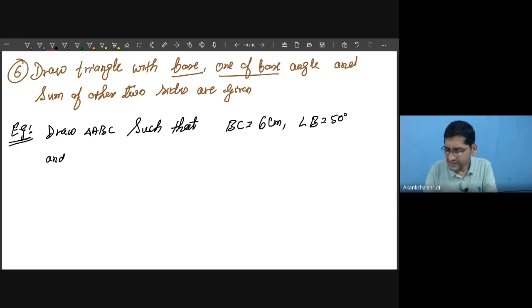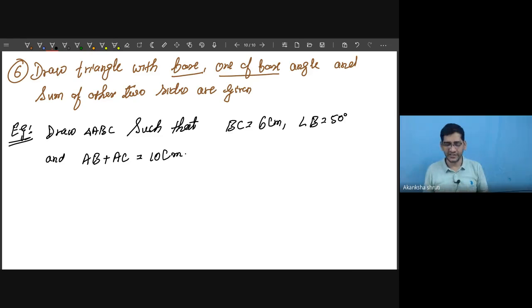See, students, BC is given, angle B is given. So AB plus AC, these are the other two sides, because for the three sides we have AB, BC, AC. BC is already given, so the sum of the other two sides, let us take as 10 centimeter. These are the information given.